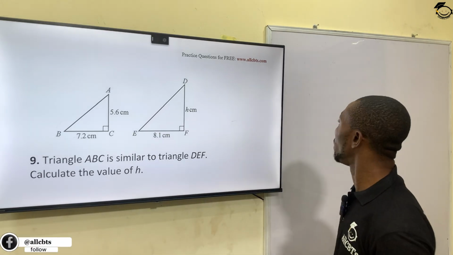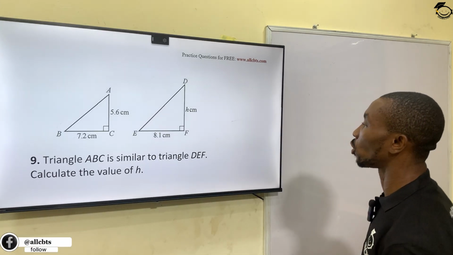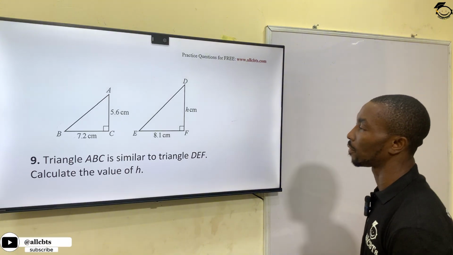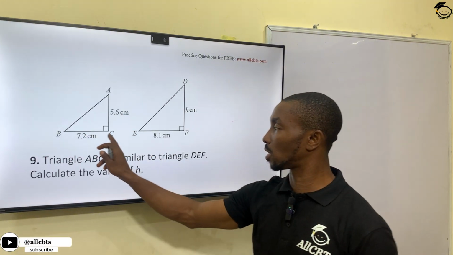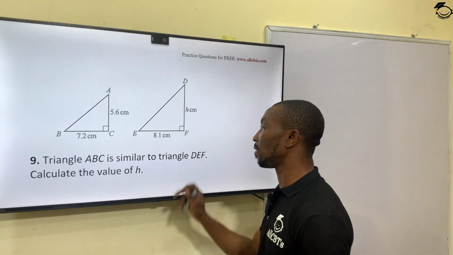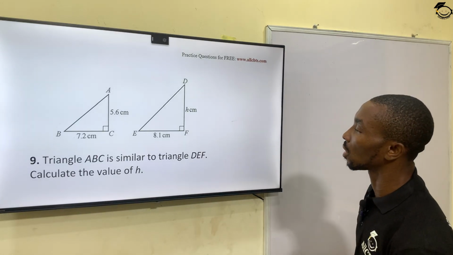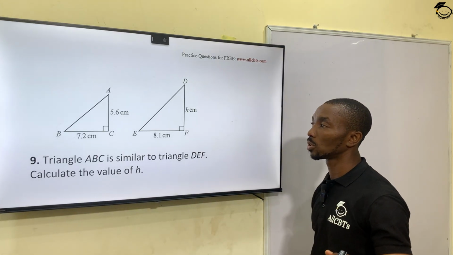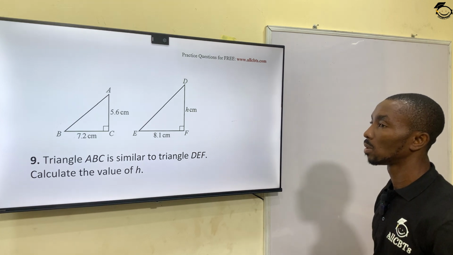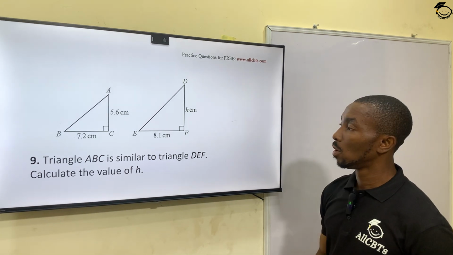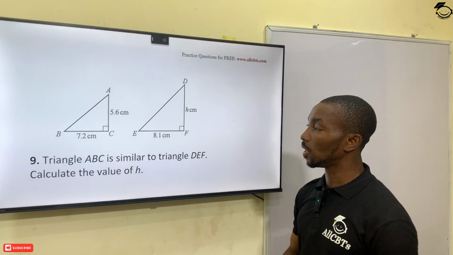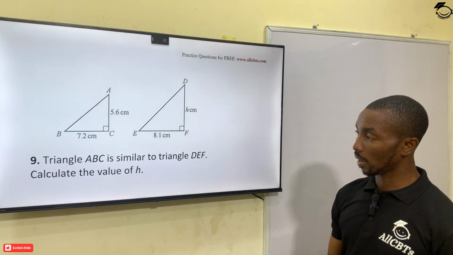Triangle ABC is similar to triangle DEF. So we have ABC similar to DEF.